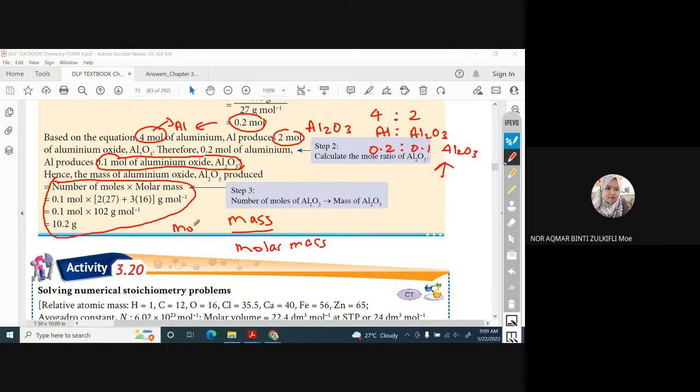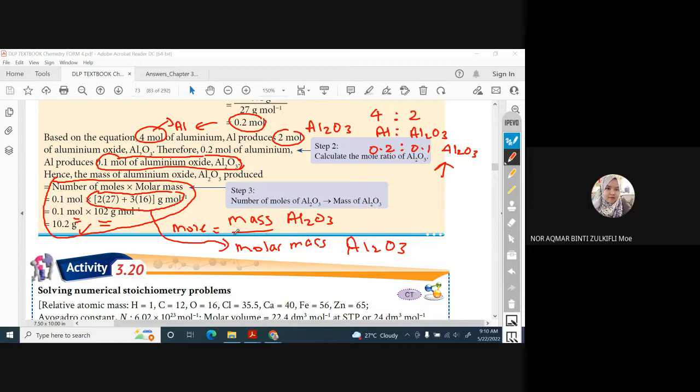Okay, mole. So now we want to find the Al2O3, right? So you must make sure you find the molar mass for Al2O3. Okay, so ini kena cari sendiri ni by the information given. This is molar mass for Al2O3. So the total is 120 gram per mole. This is from the compare ratio 0.1. Then you got the answer.